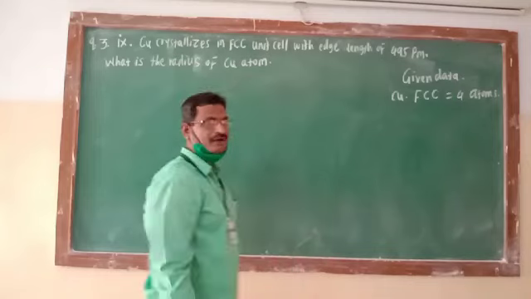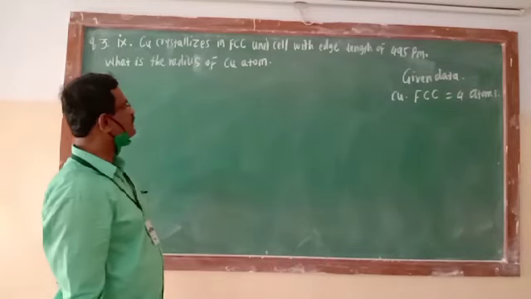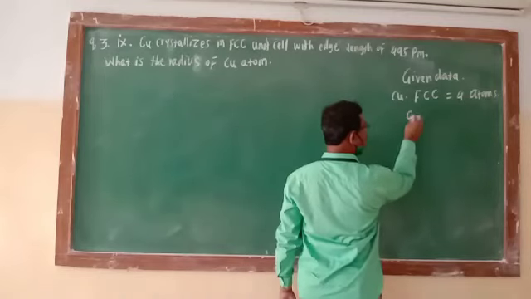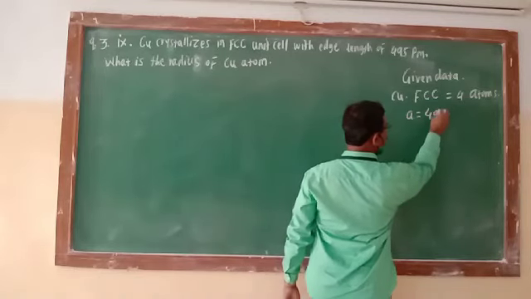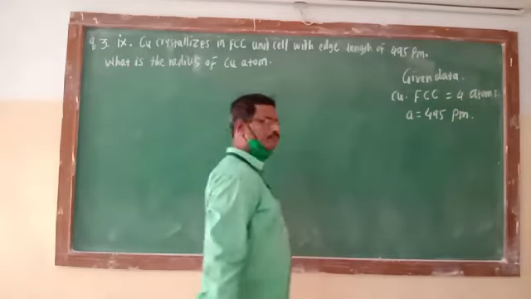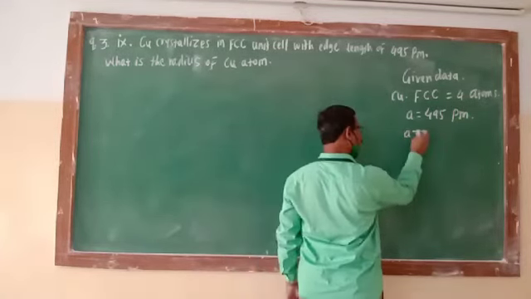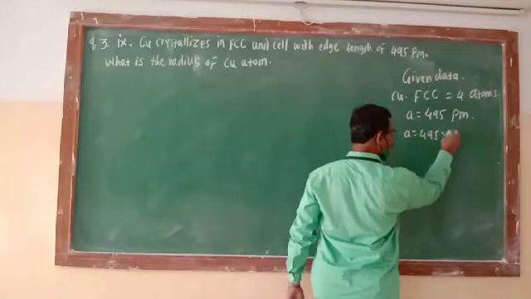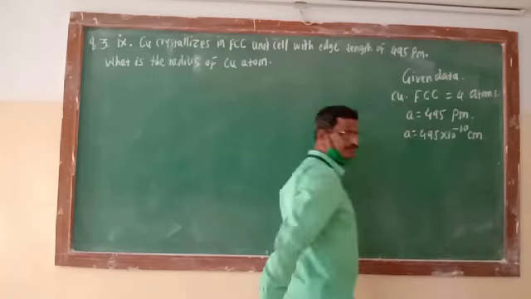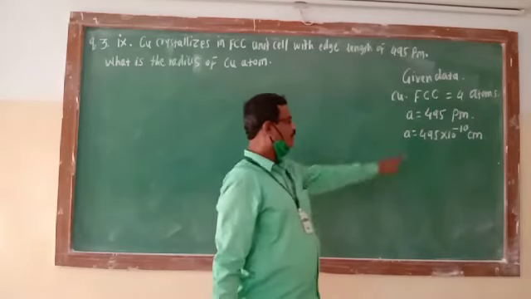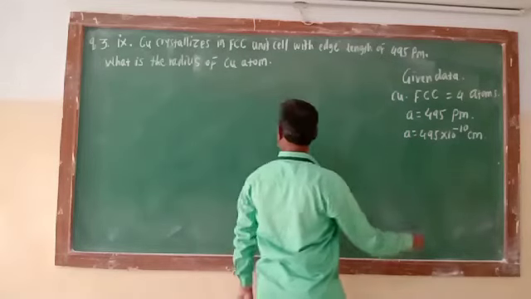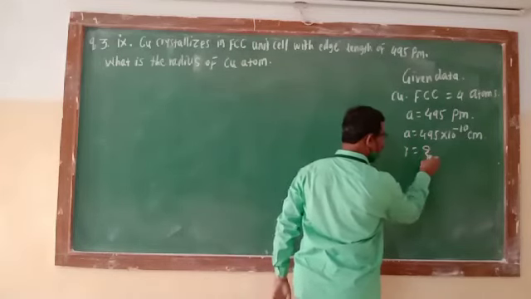And the edge length for this FCC is given as a is equal to 495 picometer, or a is equal to 495 into 10 raised to minus 10 centimeter. And simply we have to calculate the value of radius r.